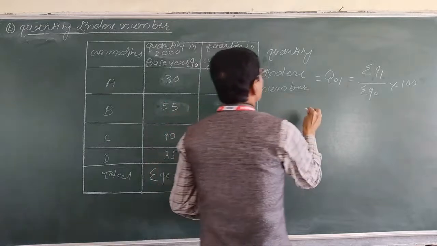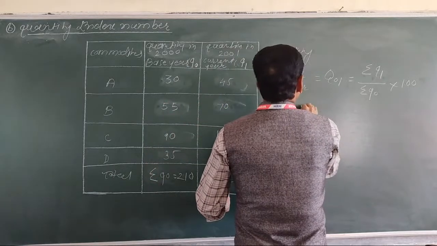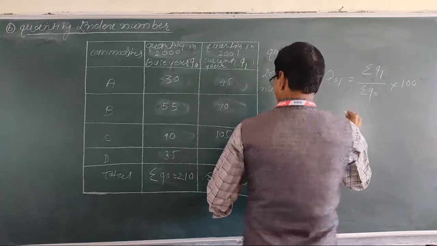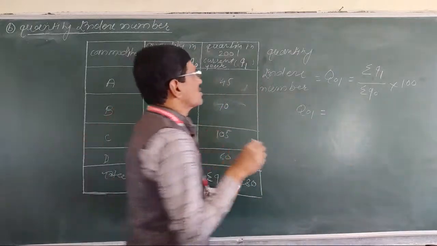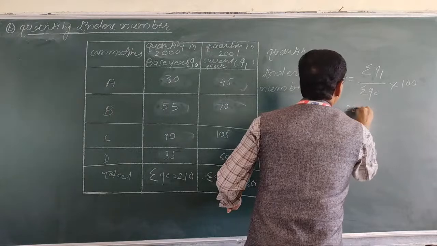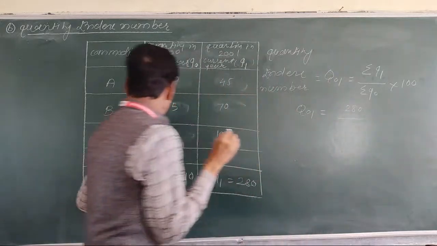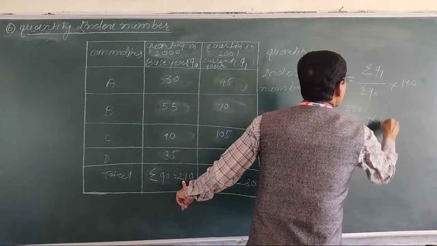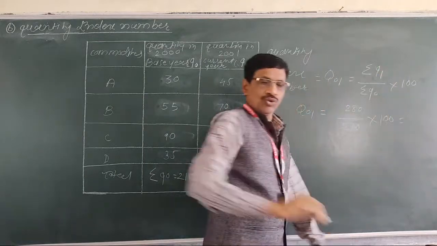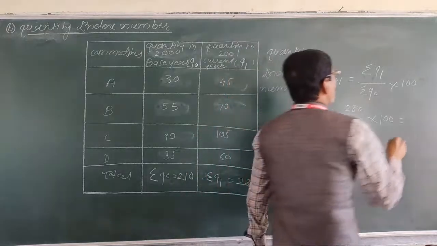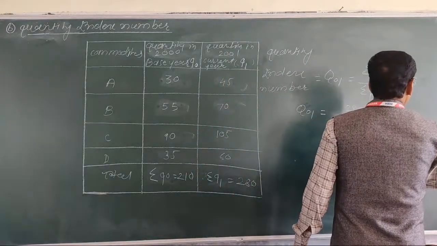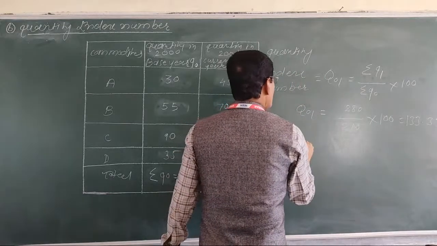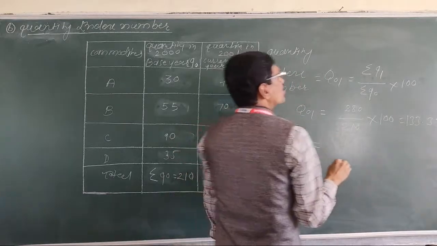So Q01, the quantity index number, is equal to summation Q1, 280, upon summation Q0, 210, into 100, which is equal to 133.3. So Q01 is equal to 133.33.